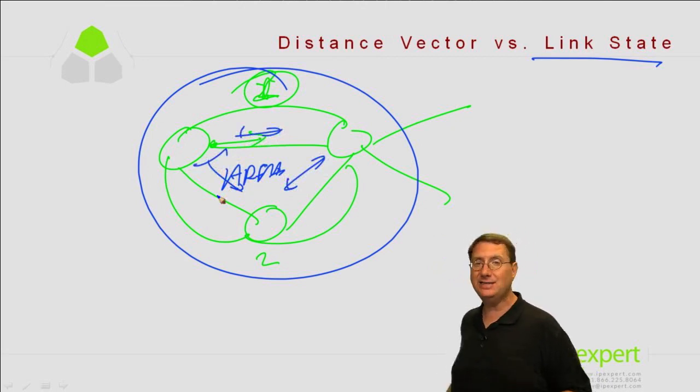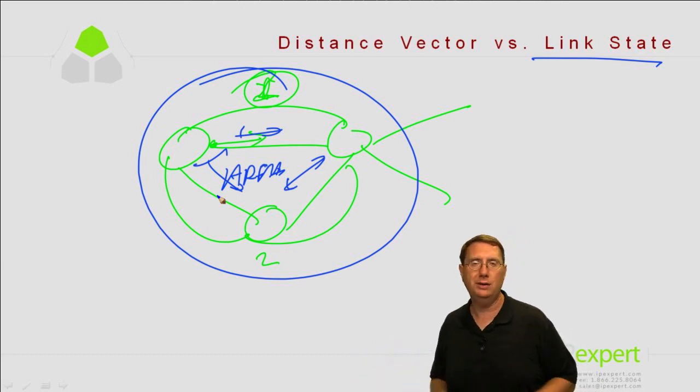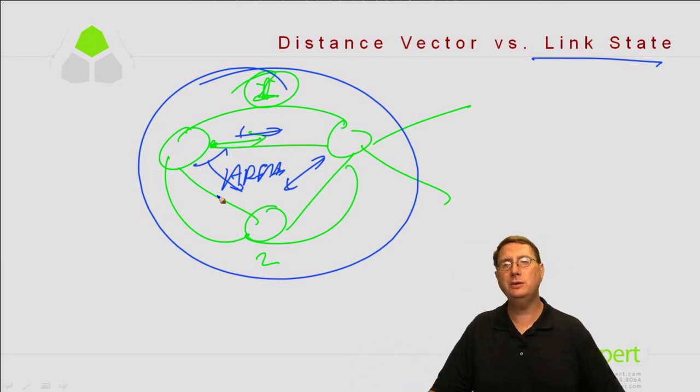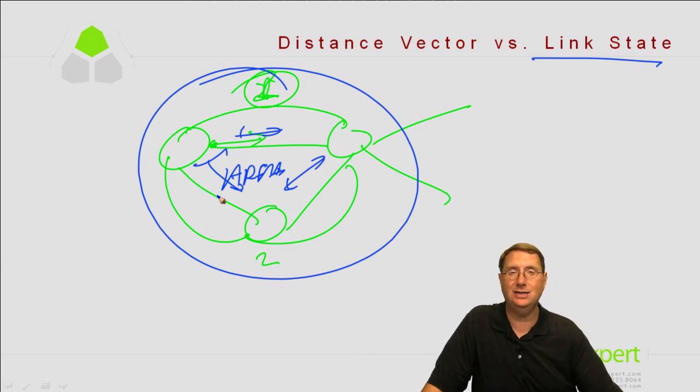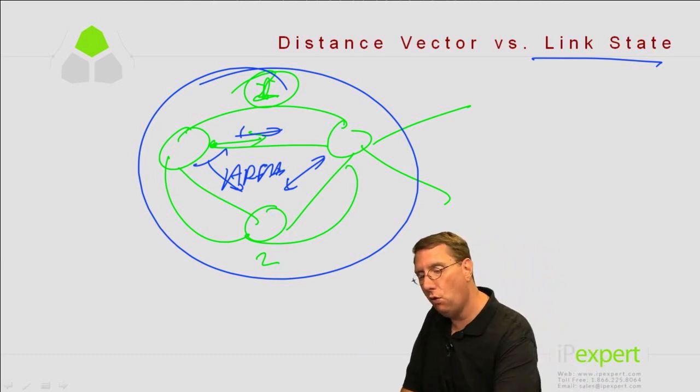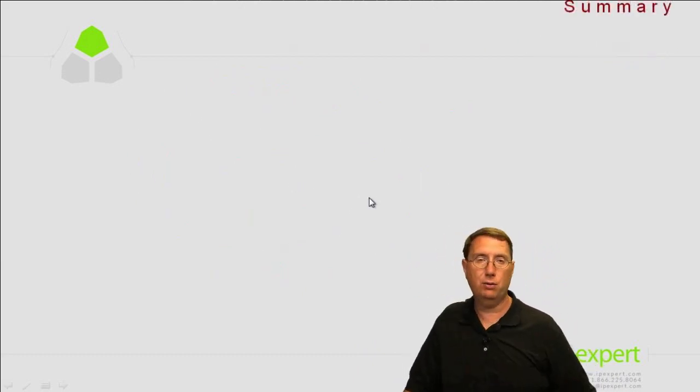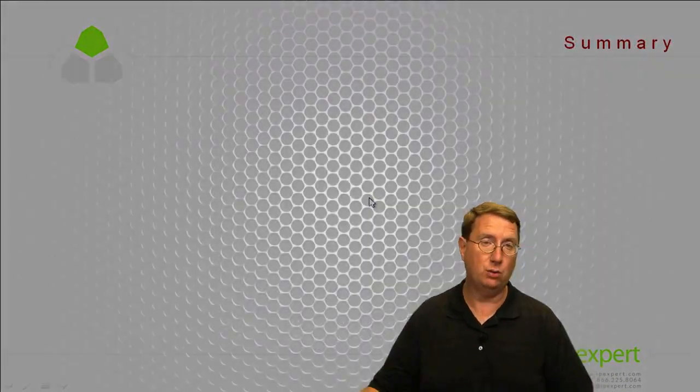So a link state protocol has a link state database. Distance vector protocols typically don't. EIGRP has a comparable component called a topology table, but when we start looking at it, we're going to understand again that it's basically just a straightforward distance vector protocol. Nothing really special about it whatsoever.